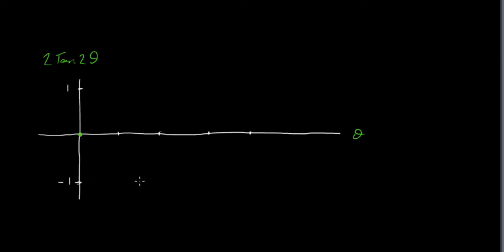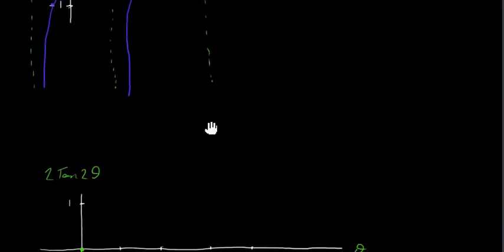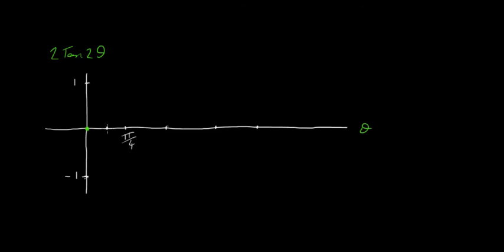Let's take pi over, what did we take up here in this one? We have pi over 8, let's say pi over 4. So let's start with pi over 4 here and see what happens. So this here is pi over 4. We'll take this as pi over 8. 1 pi over 8, 2 pi over 8, so this is 3 pi over 8, 4 pi over 8, or just simply pi over 2.